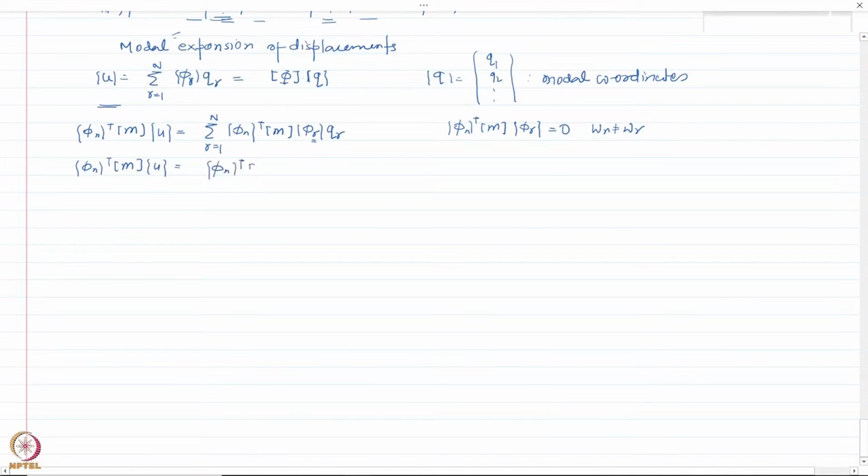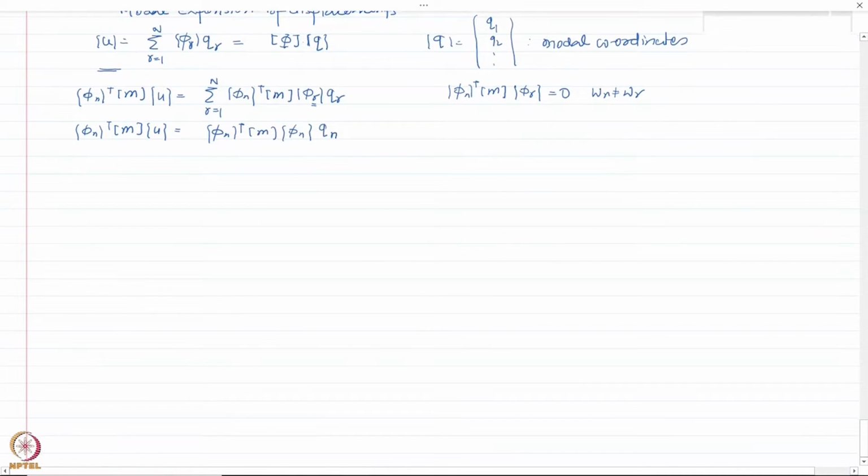phi n transpose times m, and now I will substitute r equal to n. This is qn here. So qn, the modal coordinate, I can write as phi n to the power t times m times u, divided by this expression here.